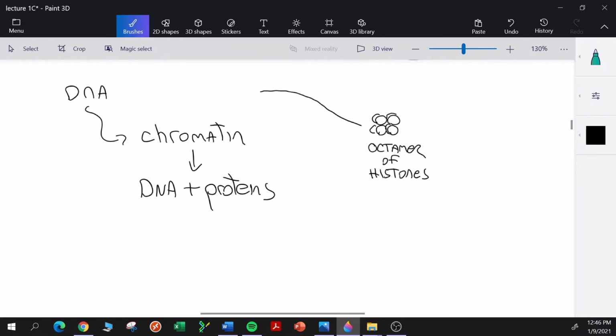So histones are proteins that help package and organize the DNA. There are 4 major types of histones. There are more than that, but four common histones get together, 2 of each type, to form this octamer of histones. And the DNA binds to the histones and wraps around in a specific order. I think it wraps around 1.7 times or 1.67 times. And this complex of DNA and histones is often called a nucleosome.